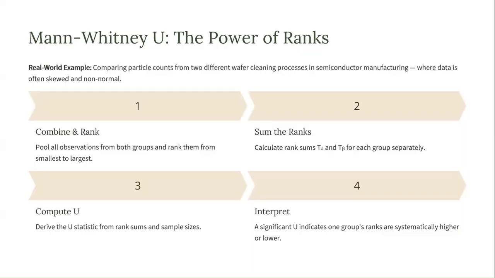Now that you have understood when the test can be applied, let's see how the Mann-Whitney U statistic is actually calculated using ranks rather than raw observations. First, observations from both groups are combined together. Next, all observations are ranked from smallest to largest. After assigning ranks, the ranks belonging to each group are added separately.